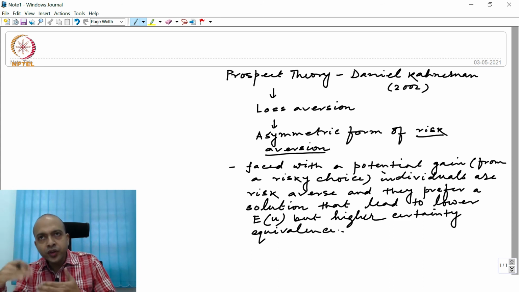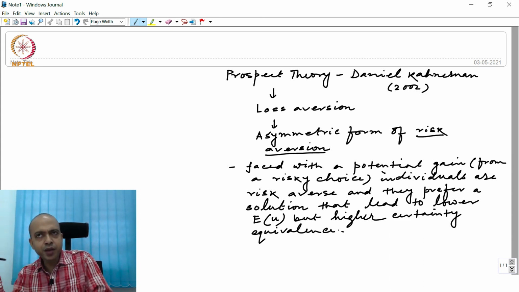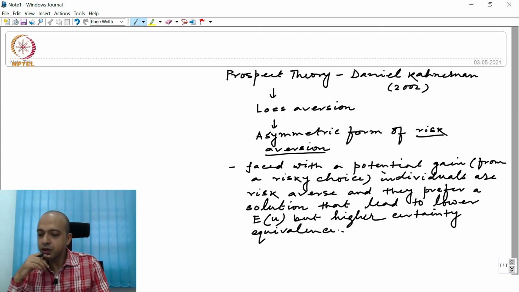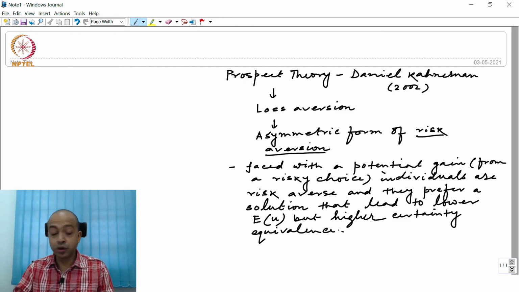Facing a risky choice, let's say a lottery, they will prefer the solution wherein they get a higher amount with certainty rather than the higher expected utility. So that is a pure form of risk aversion.